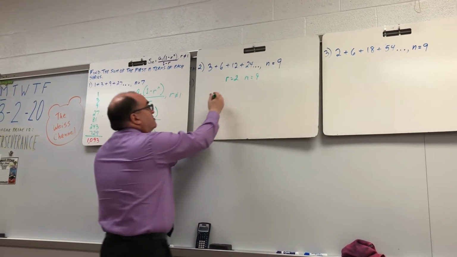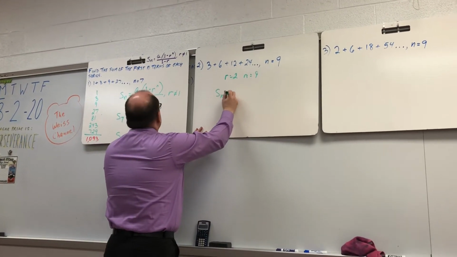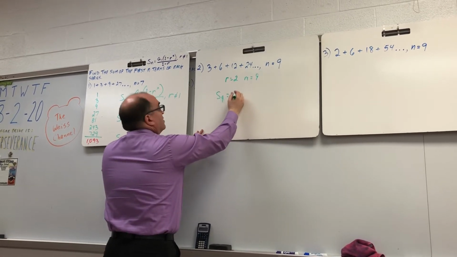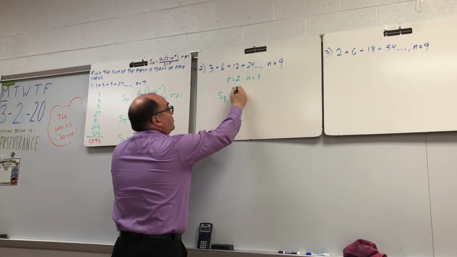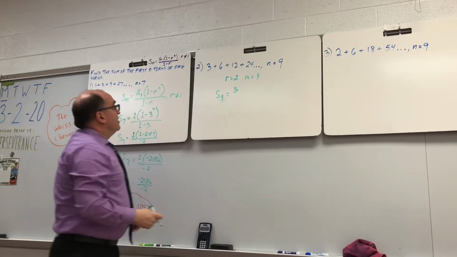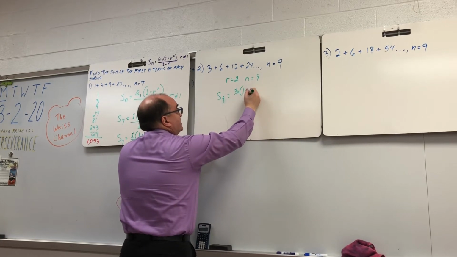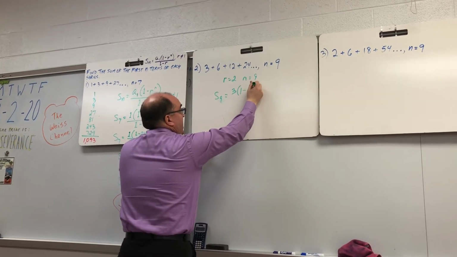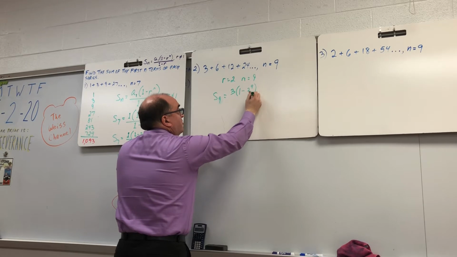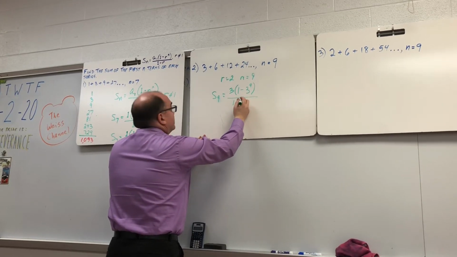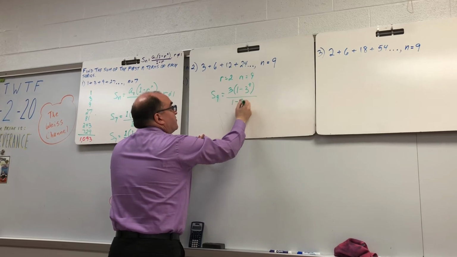So, S9 equals A1. A1 is 3, because that's the first term, times 1 minus 3 to the 9th power, all over 1 minus 2. Okay?